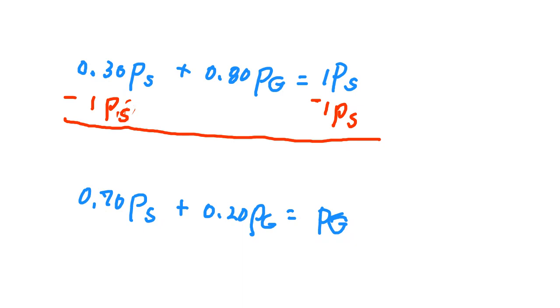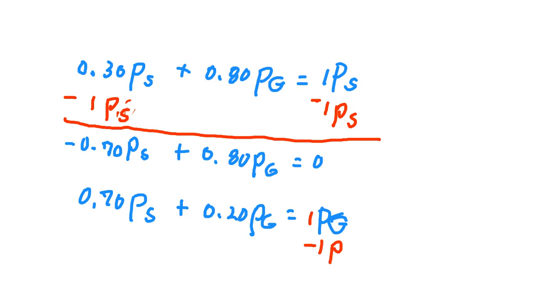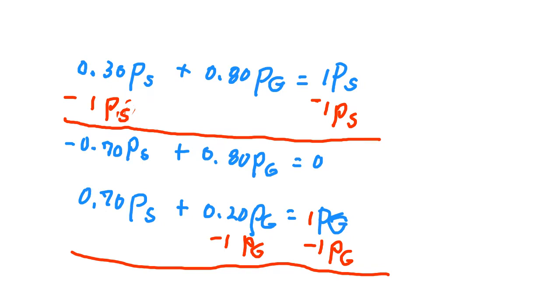If I do that, we will get -0.70 PS plus 0.80 P sub G equals 0. And similarly for the other equation, that's a 1 there, I can subtract 1 P sub G from both sides. That cancels. That's the whole reason we're doing this.